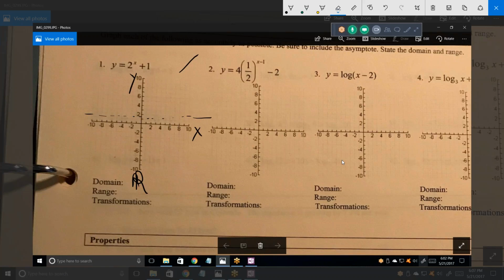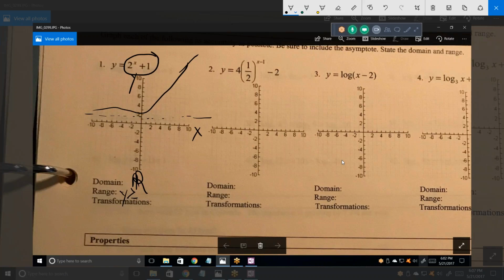In other words, it never goes below that horizontal asymptote. So the lowest value of y is 2. So, range? y is greater than or equal to 2.